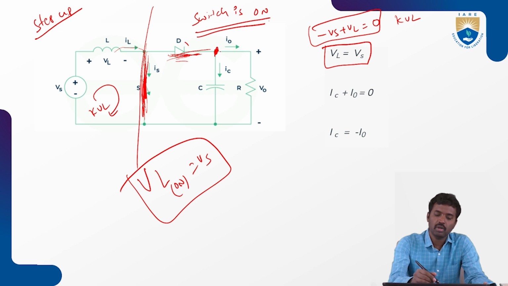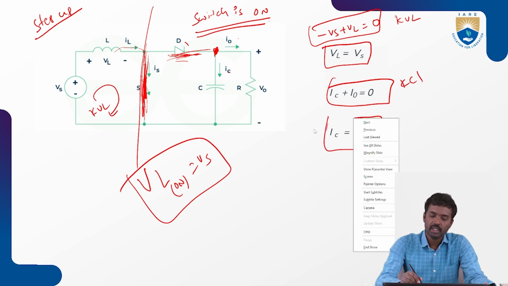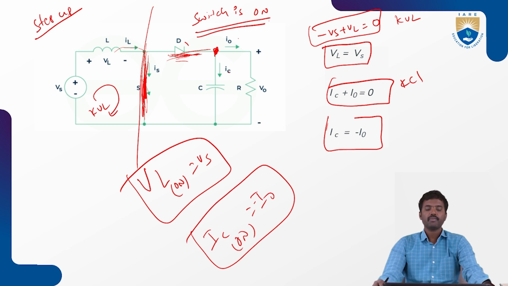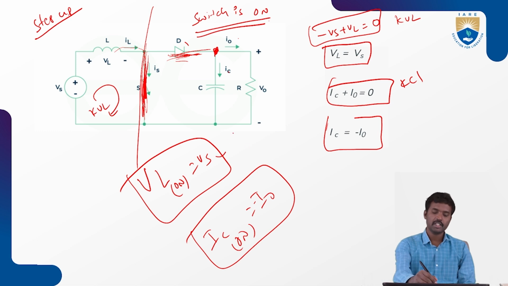If you apply KCL at this node, IC plus I naught equals 0, so IC equals minus I naught. So IC when the switch is on equals minus I naught. Keep it in mind. The inductor voltage and capacitor current when the switch is on are Vs and minus I naught respectively.